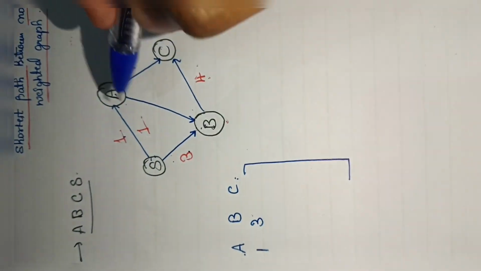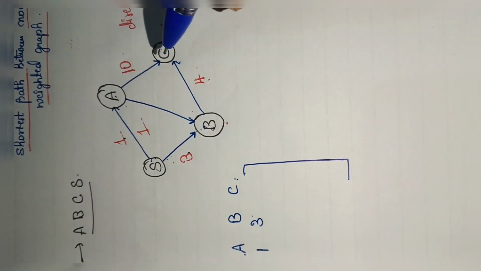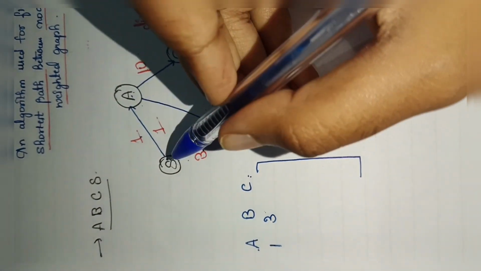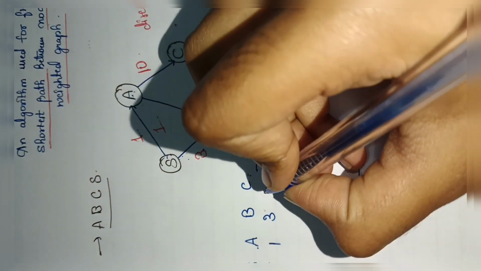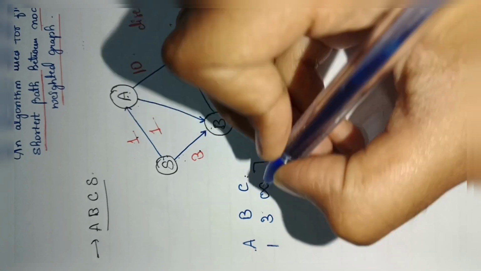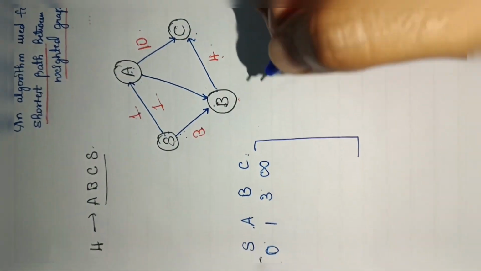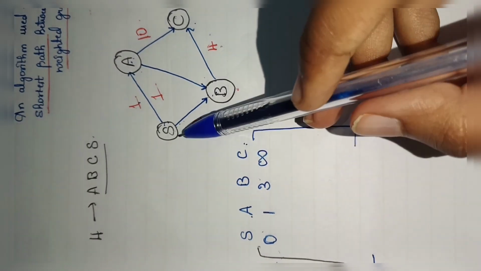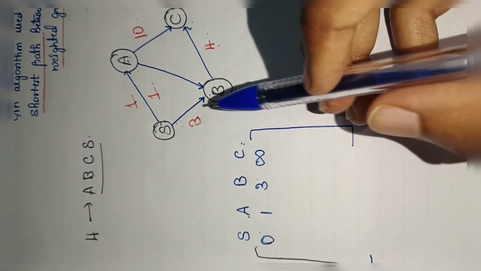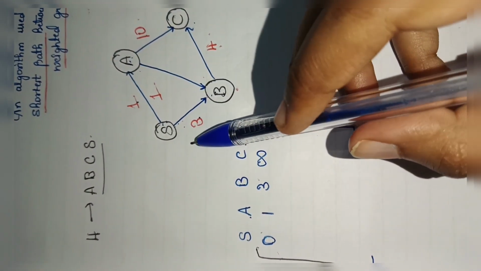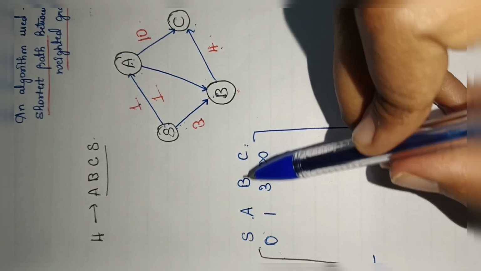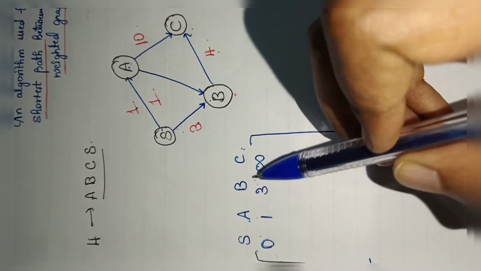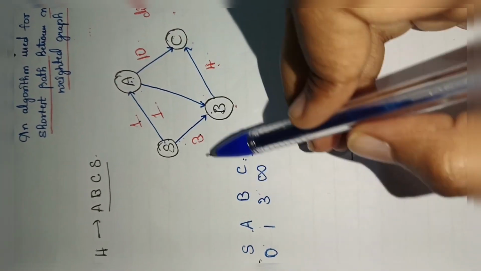From S to C, it is connected, but it's not direct, so we are taking infinity here. I hope you understood now. Whenever we are taking a graph and it is directed towards itself but there is no weight, we take 0, and here the values are given for A and B, so we are taking 1 and 3.